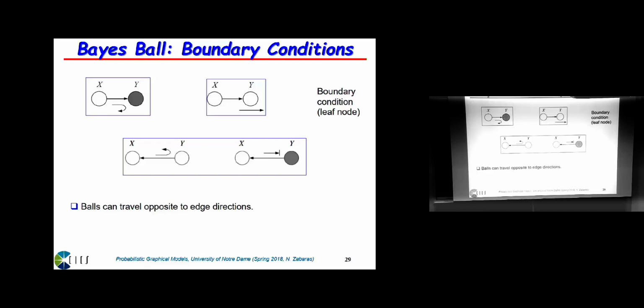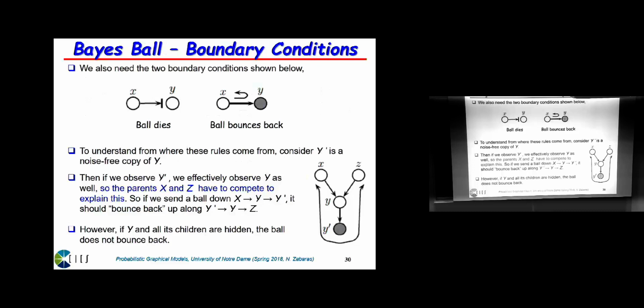Now, if the arrow goes in the other direction, in this case if Y is given, the path is blocked, so the ball doesn't return back. It's the opposite of what you have here. And if Y is unobserved, the ball comes back. Basically, you need something to stop the algorithm, and that something is this set of boundary conditions. So when we do some examples, remind me to come back to slide 29, so you can see that these boundary conditions actually do make sense.